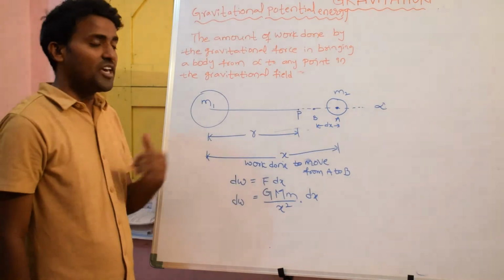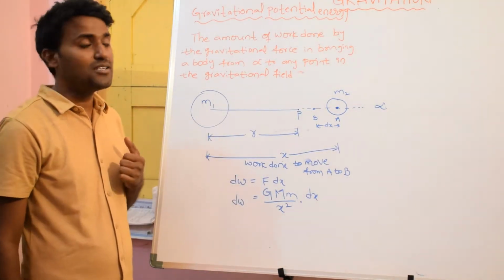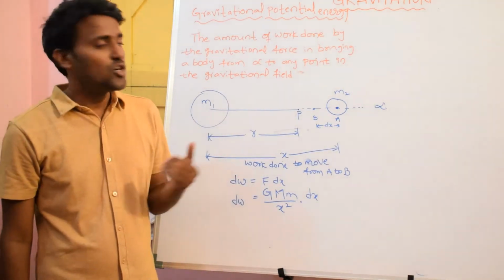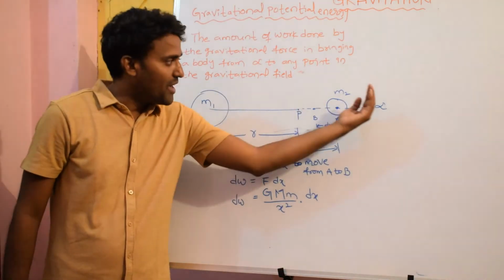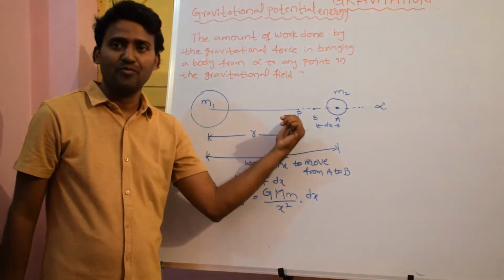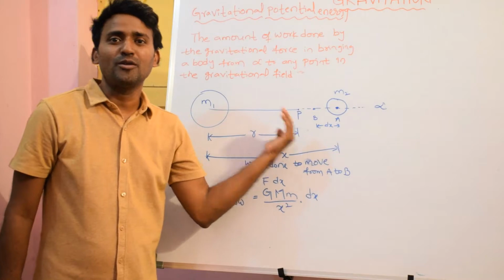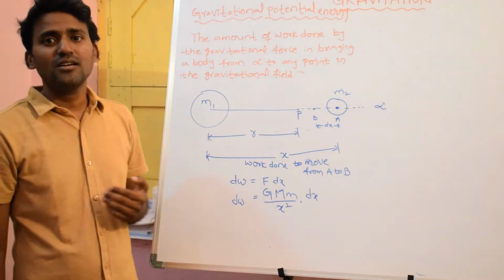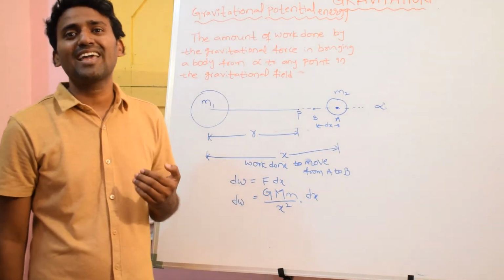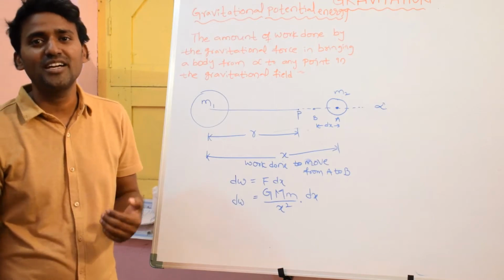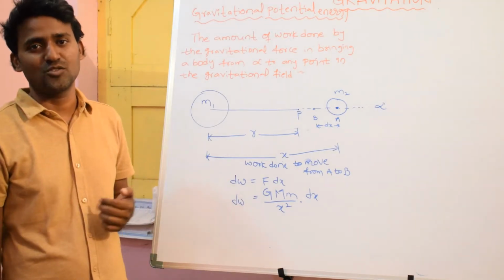Now from this equation I have to calculate the work done to bring the object from infinity to point P. From infinity to point P, I can calculate by using the calculus method, the integration method.